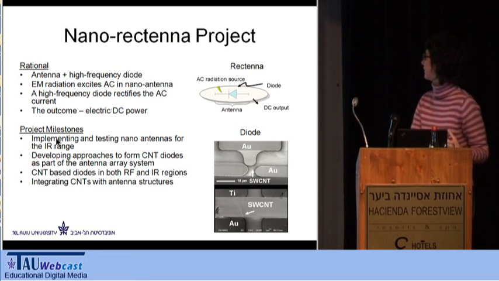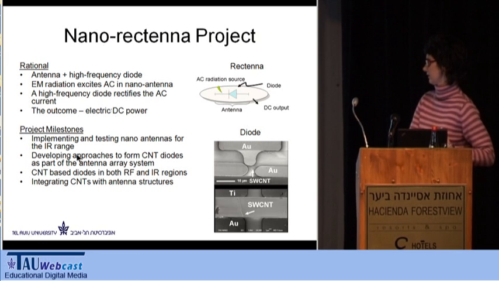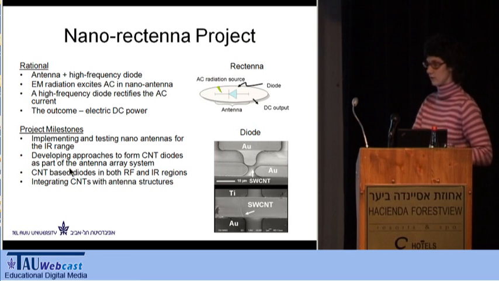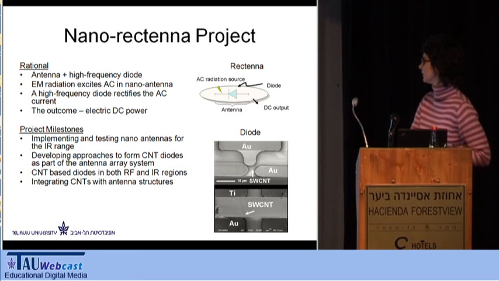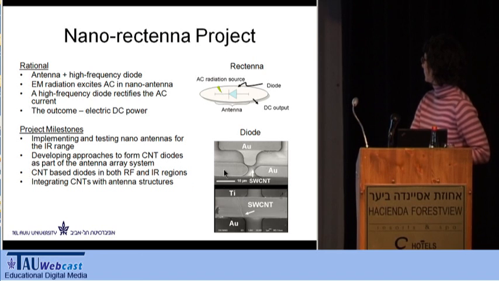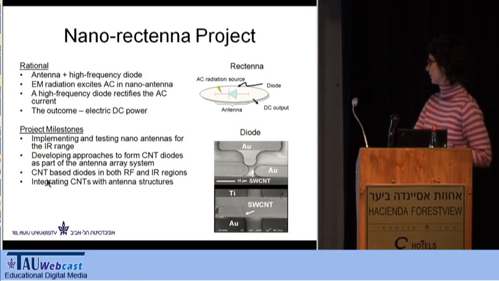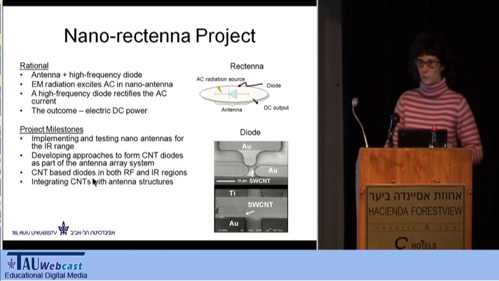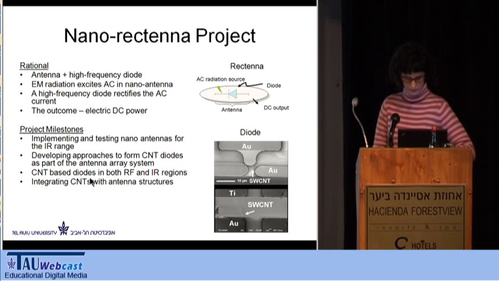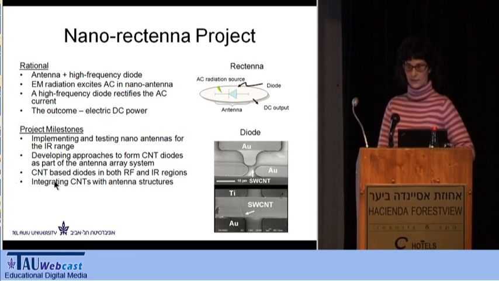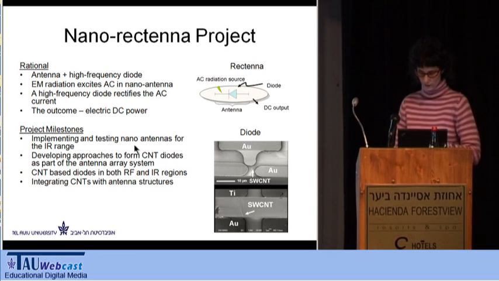The milestones are implementing and testing nano-antennas in the IR and visible range, and developing approaches to form CNT, which is carbon nanotube-based diodes, as you see in the picture, as part of the antenna array system. The carbon nanotube-based diodes we will develop in both RF and IR regimes, and later we integrate the CNT with antenna structures to have the total rectenna.